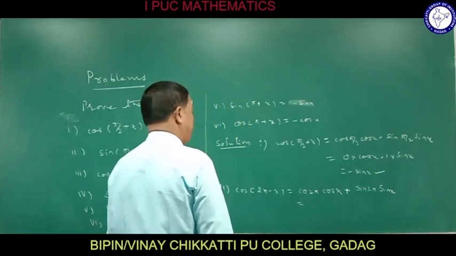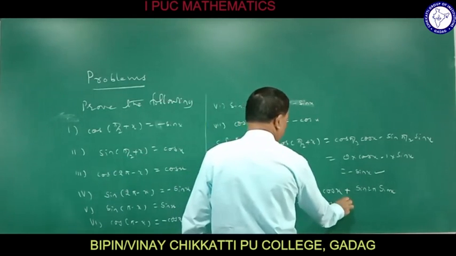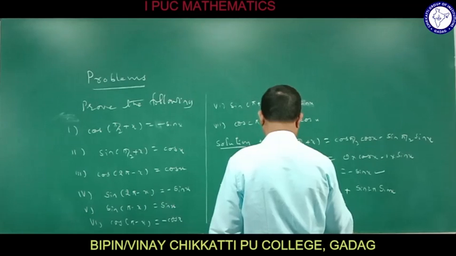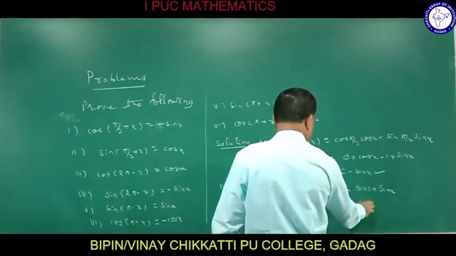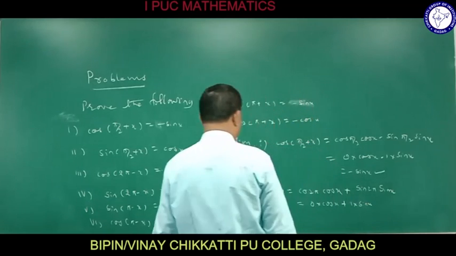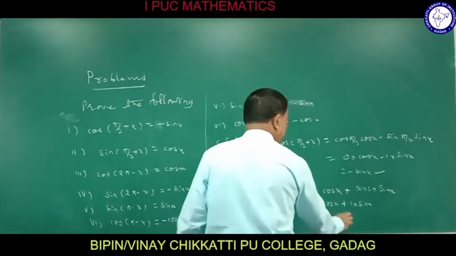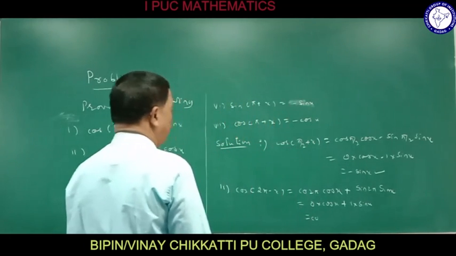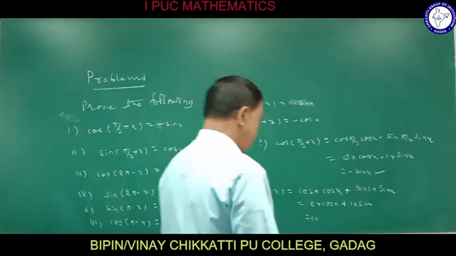Cos 2 pi is 1 into cos x plus sin 2 pi is 0 into sin x. Once again you have to understand how you get 2 pi minus x. Cos 2 pi is how much, and sin 2 pi is how much? So that can be understood.